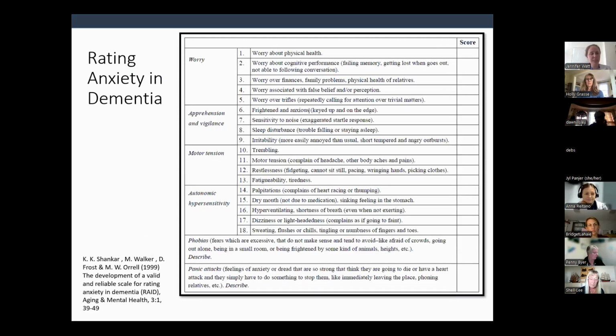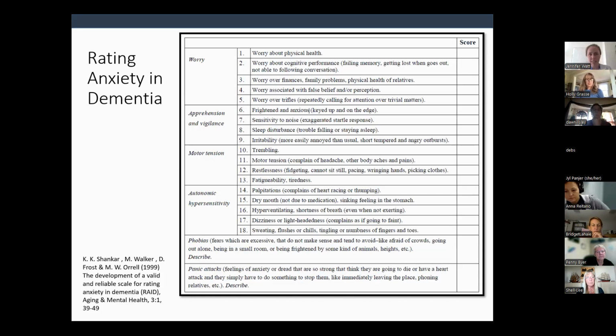And for measuring symptoms of anxiety, the Rating Anxiety in Dementia scale also has very good evidence. And again, this is a scale that incorporates the perspective of the carers as well, which I think is really helpful. And the other thing that it also does, like the Cornell Scale for Depression in Dementia, is that it also measures those physical symptoms that, again, we know are really important to understanding symptom burden in people with dementia, because they may not always be able to tell you exactly how they're feeling, but you can tell by looking at some of the physical signs and symptoms that you're seeing that they're very anxious or they're worried about something.